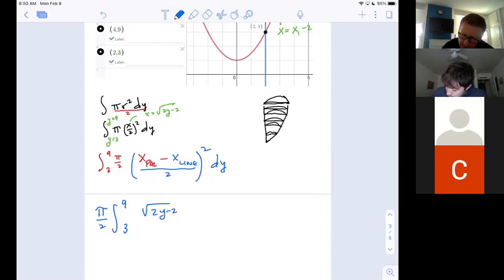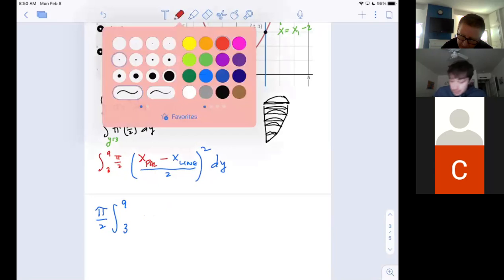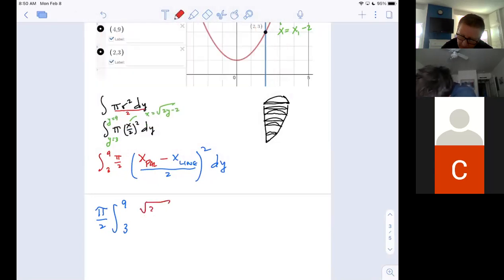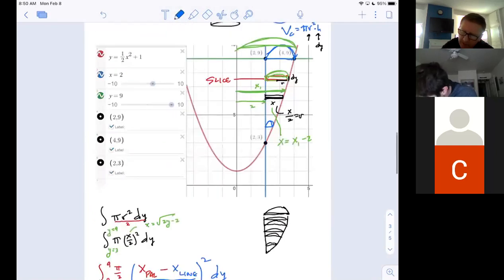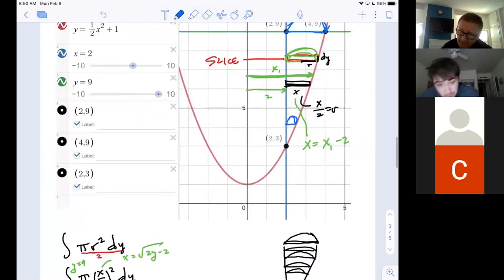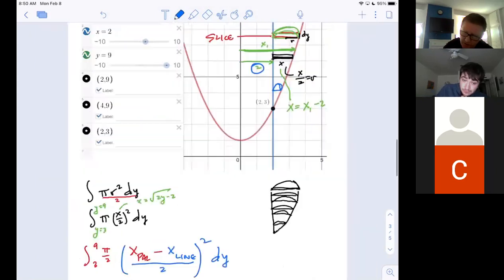Maybe I'll switch colors just to keep your brain as clear as possible. And what's the x value of the line, since that line was vertical? It's just always 2. Thank God that's so simple. It's not an equation. It's just 2.